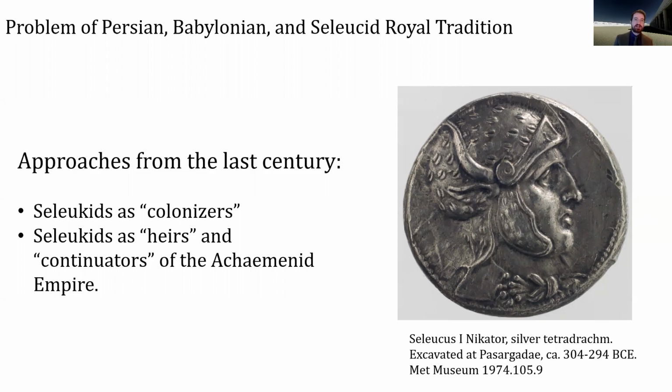So it's not fair to say that they were colonizers or that they were continuators of the Achaemenid Empire. It lies somewhere in between, and it really takes a lot of sussing out in order to more holistically understand the Seleucid Empire and how they used all of these different imperial topographies of power in order to show their own kingship.